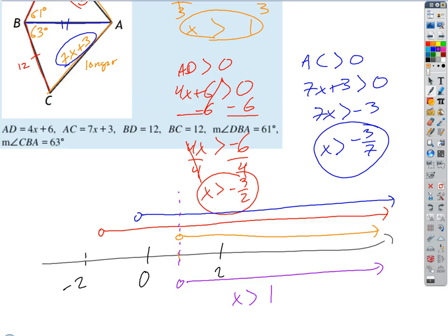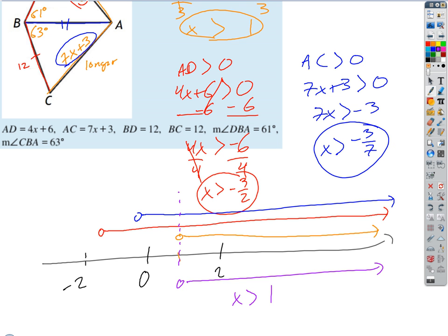So that's the one that's going to work. But I couldn't just pick all the values that are greater than -3/2 because I could pick something like -1, which wouldn't work there and wouldn't work there, right? So the one that's the most restrictive in this case is the one that has to work in all cases. So that's our answer. Okay? Does that make sense?